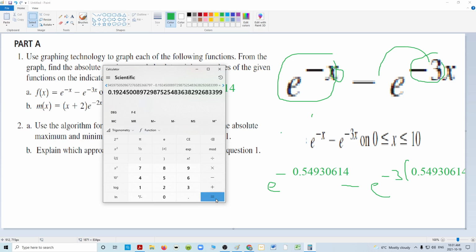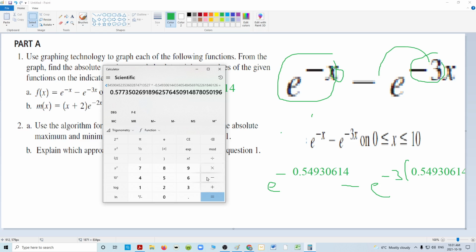And I believe that's not correct. So I'm going to try that again. So e to the exponent of this memory is what I want. So I get 0.57777735. Okay.